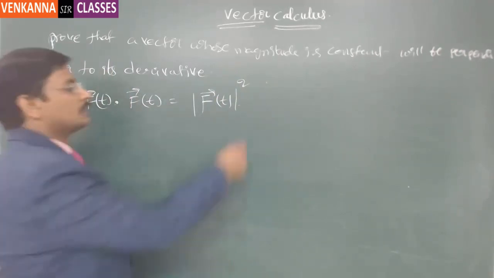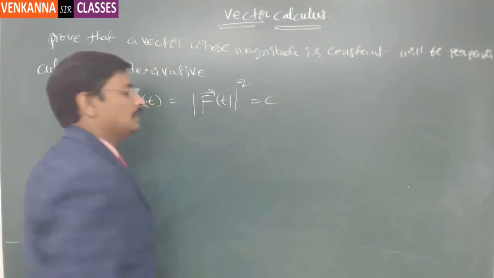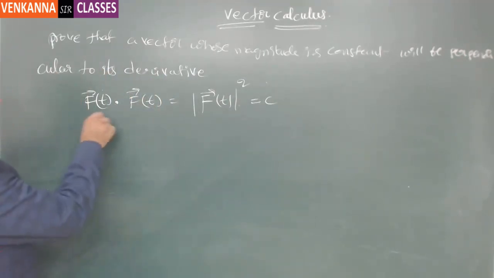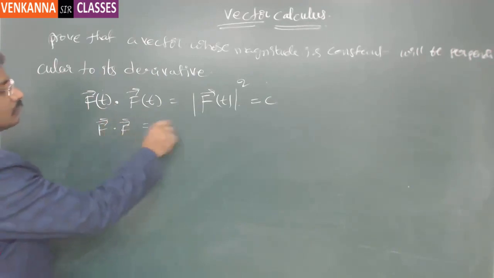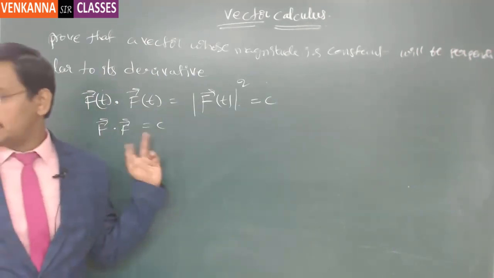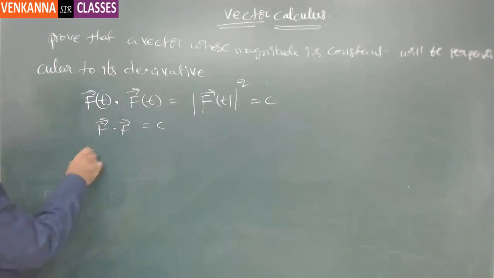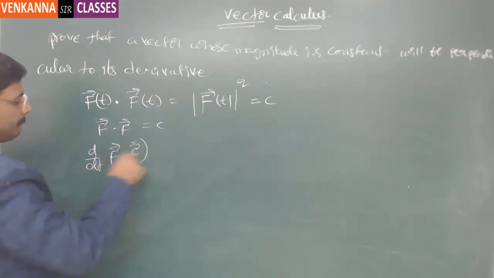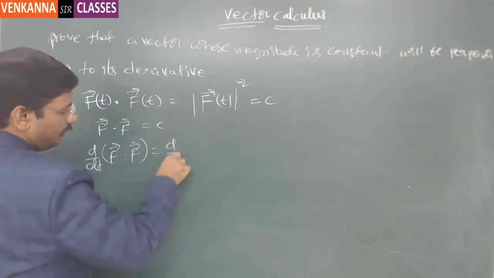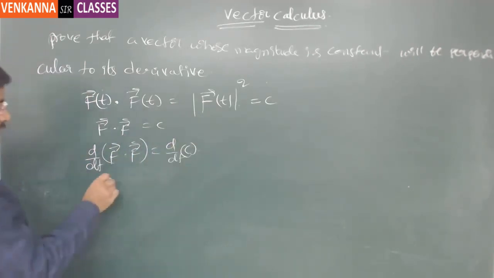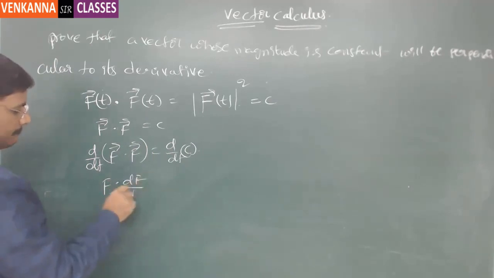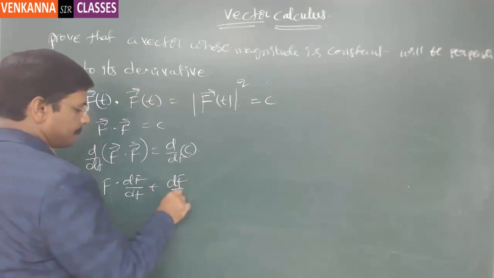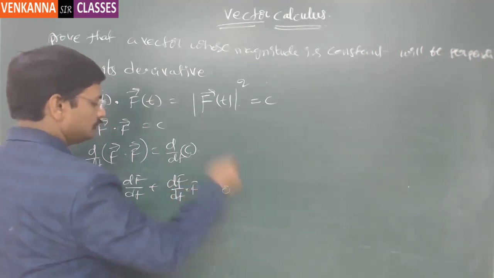This magnitude is a constant c, so f dot f is equal to constant. If you take the derivative on either side, d by dt of f dot f is equal to d by dt of the constant. Now this is f dot df by dt plus df by dt dot f, which is equal to 0.